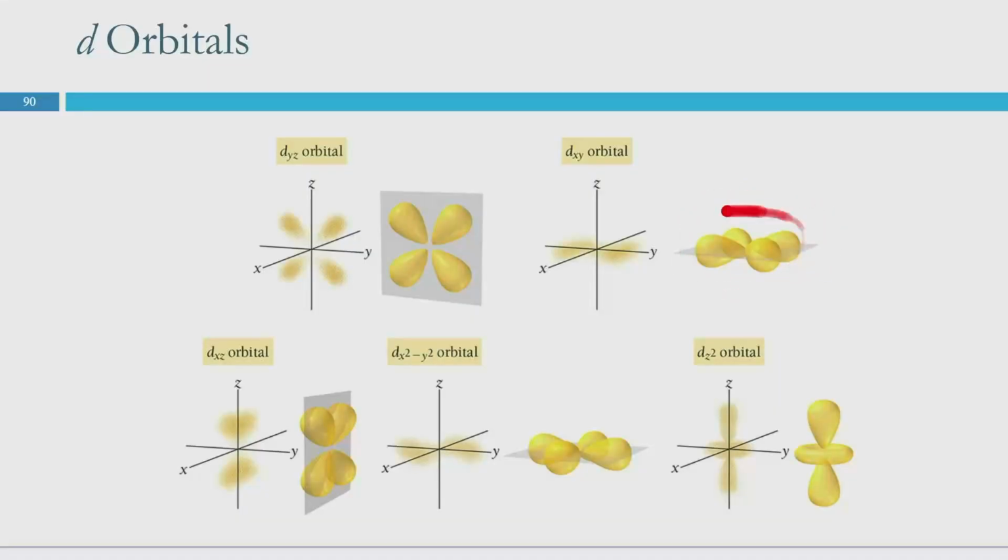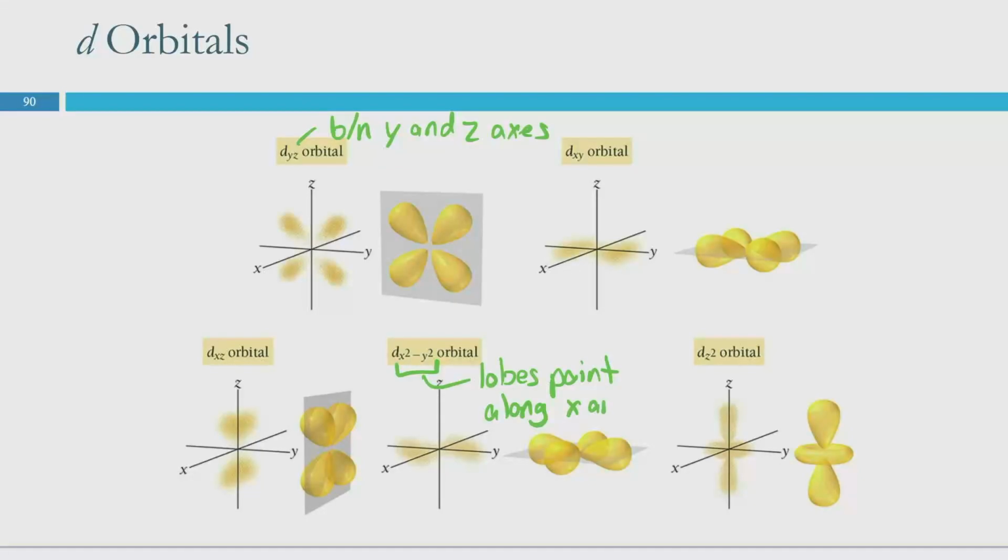So our XY is flat. It's in the XY plane. Our x squared minus y squared, our lobes point along x and y, rather than being between.